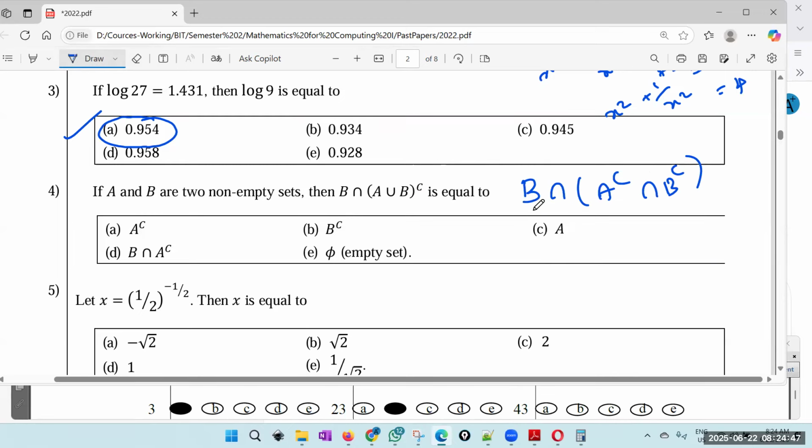And here we have B intersection B complement. B intersection B complement is empty, because it belongs to B and does not belong to B. And the empty set intersection something is always the empty set. So for me, the answer is empty set. But let's shade it and also double check.